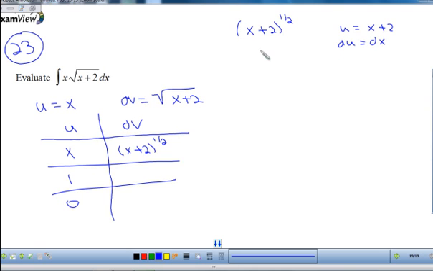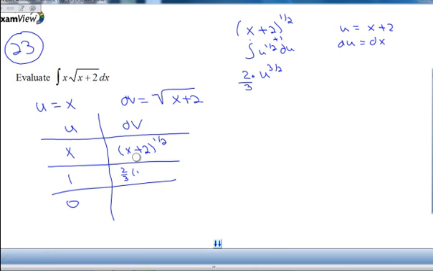So you're going to have u to the 1/2 du. So the antiderivative of u to the 1/2, if you add 1, is u to the 3/2 multiplied by the reciprocal. So this is going to be 2/3 times x plus 2 to the 3/2.